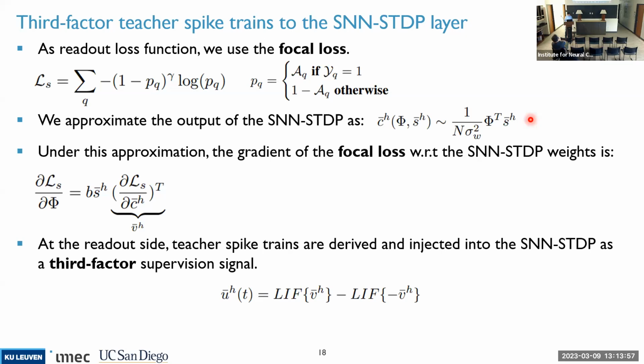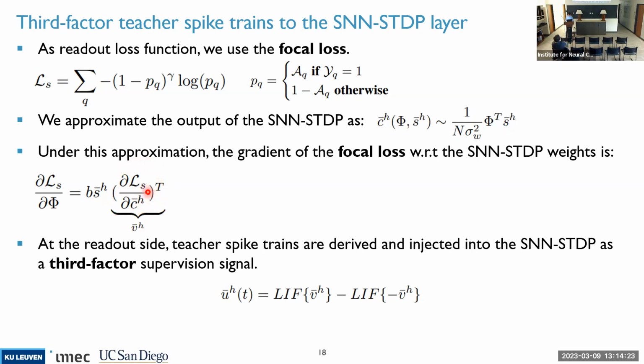Yeah, so under the simplification, you can write the derivative of the real loss with regard to the SNN weights as follows. Here you see the input to the SNN, and this term here is really the derivative of the loss with regard to the inputs of the readout. So C is the output of the SNN, which becomes the input of the readout.